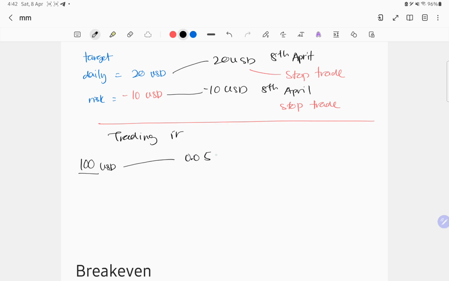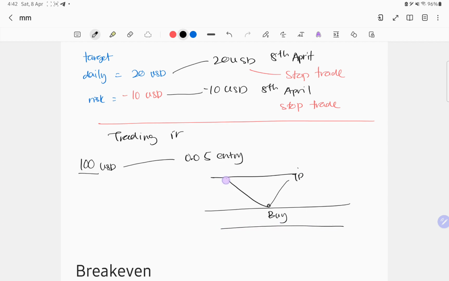Let's say this is your entry. If you made an entry in this chart and you buy here, your TP is around this place, which is this resistance, and then your SL is around maybe this support. So the distance between these two should be 1 to 2.